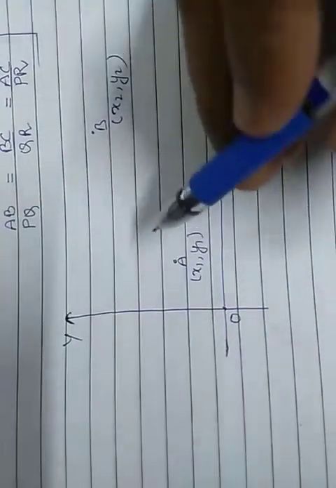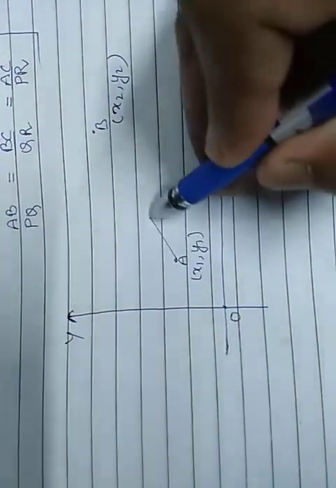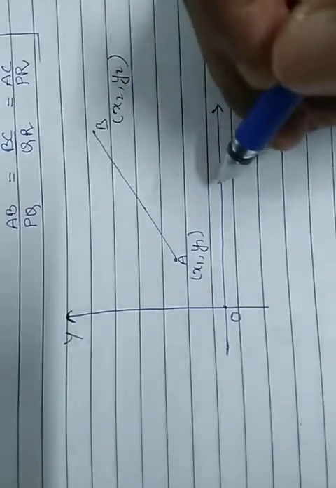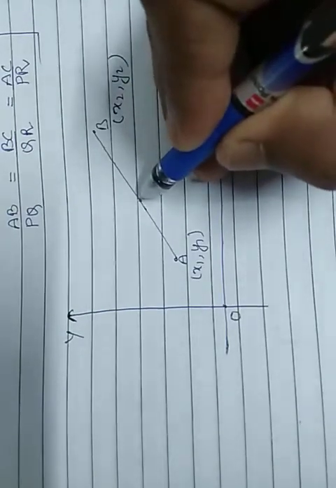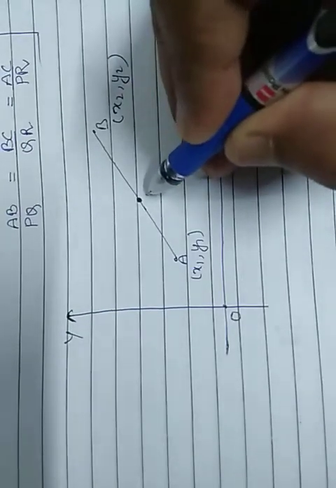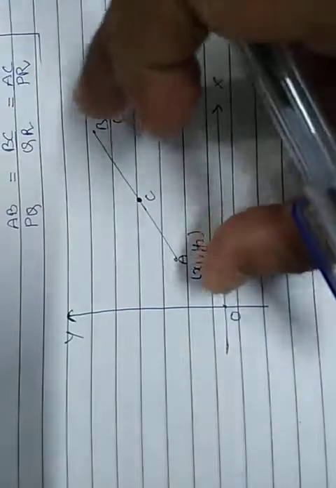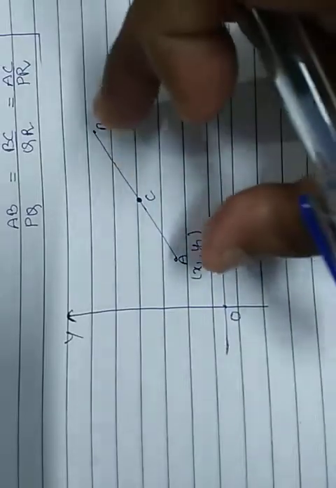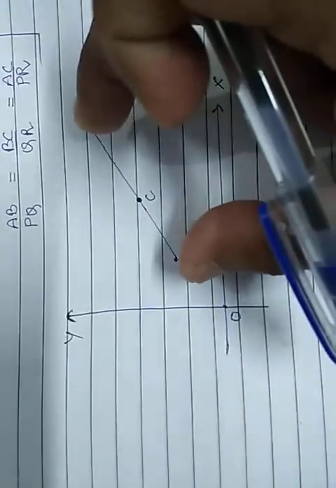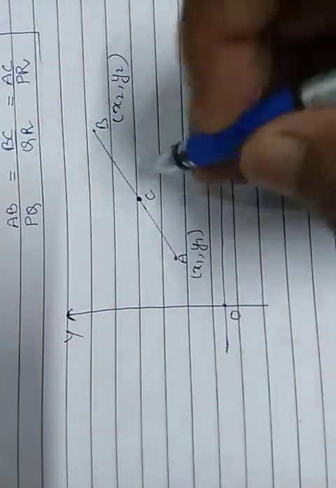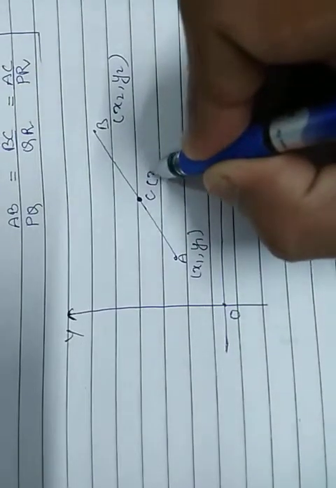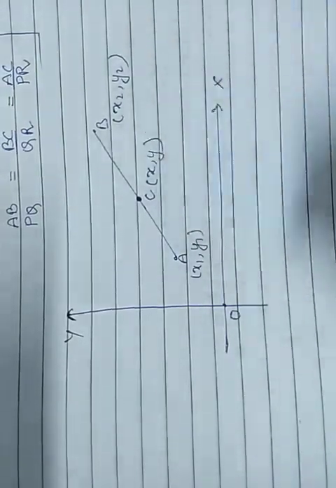Okay. Now I will join the line AB and consider another point C in between AB. Not just at the midpoint, it may be anywhere, but in between AB. And let the coordinates of C be x and y.